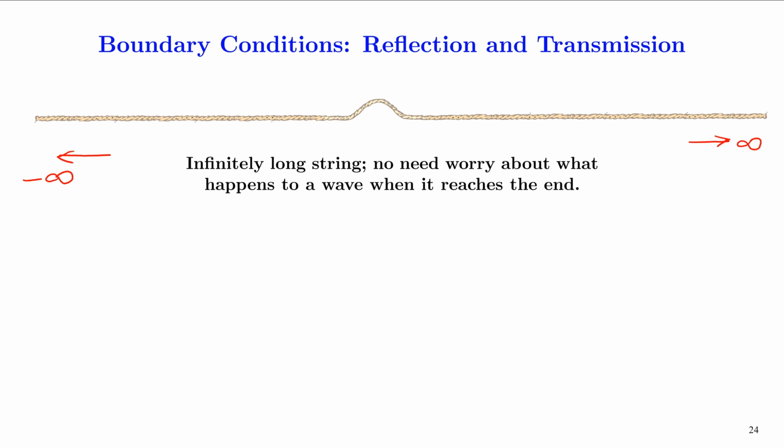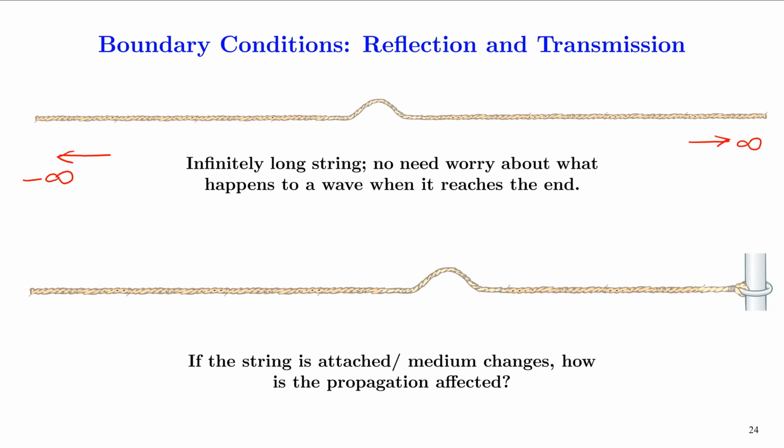And in that case, we need not worry about what happens to a wave when it reaches the end. That situation changes when we have a string that is attached. This is equivalent to a change in the medium, and we have to find out how the propagation is affected if the string is attached at one end.